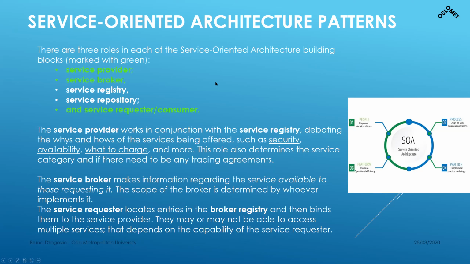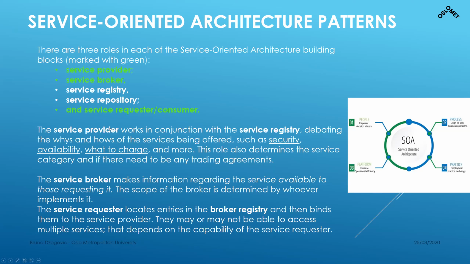So the actual roles in a service-oriented architecture are a service provider, a service broker, and a service requester or consumer. So you have the provider of the service, the intermediary, and the one who's utilizing these services.